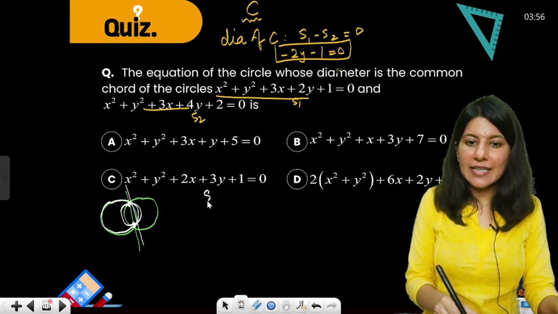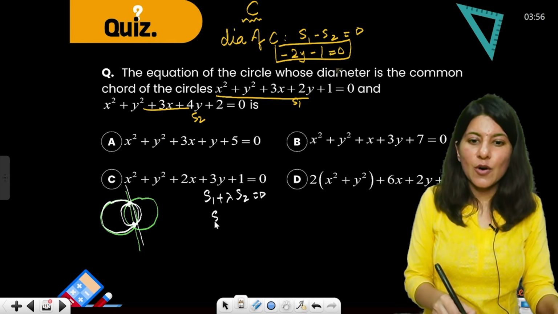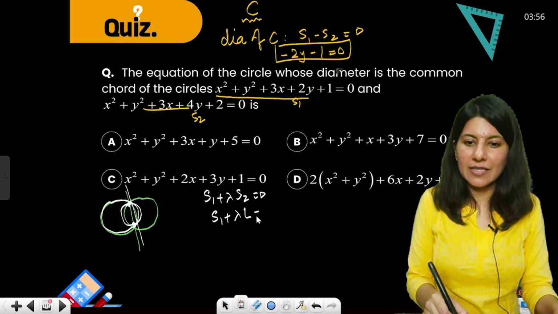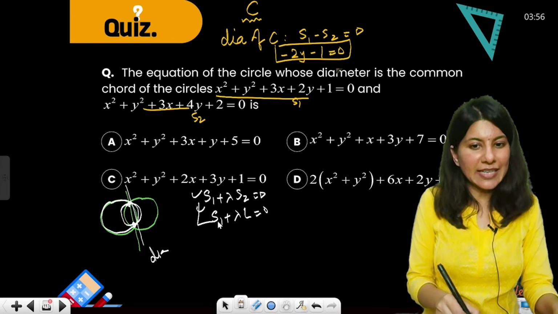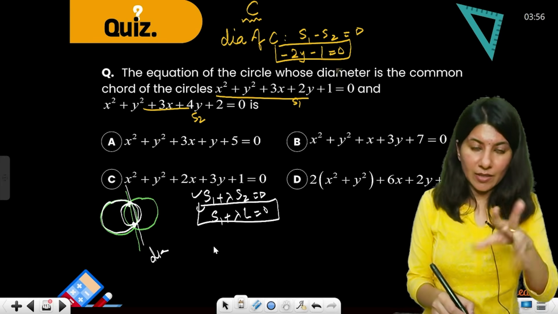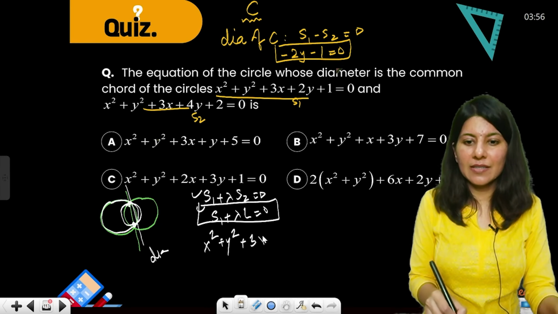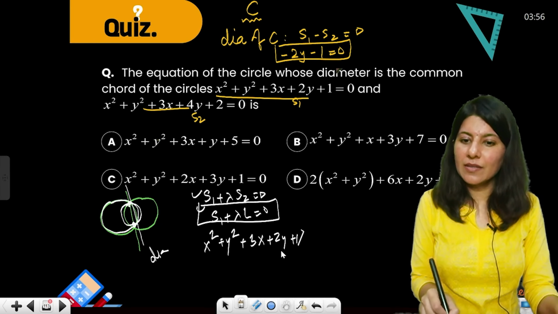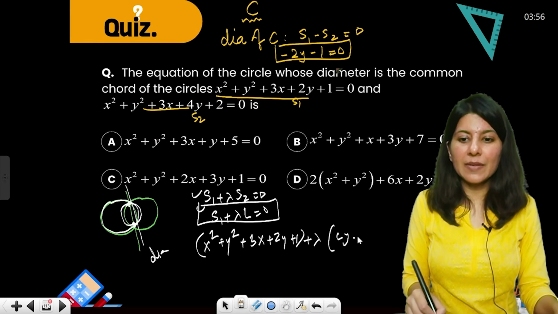So you can write it as S1 plus lambda times S2 equals 0, then also it will be fine. Or S1 plus lambda L equals 0, where L is the diameter. Both are fine, so we'll take this. The line is easier, no? X square plus y square plus 3x plus 2y plus 1 plus lambda times the diameter, which is 2y plus 1.